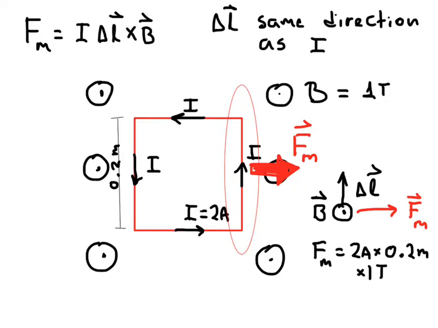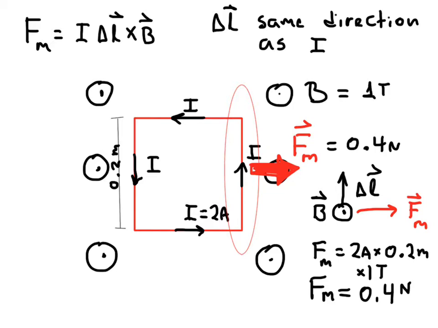The cross product equation gives us a sine of the angle between the two vectors, but since they are perpendicular, the sine of the angle is 1. So the magnitude of the force is just the product of those three quantities: the current, the length of the wire, and the magnetic field. 2 amps times 0.2 meters times 1 Tesla gives you a magnetic force of 0.4 newtons.